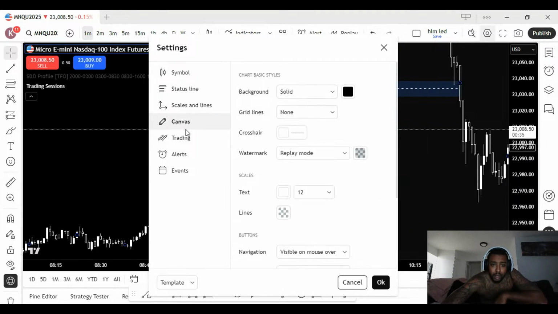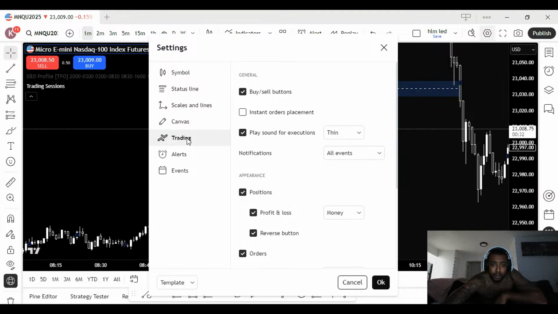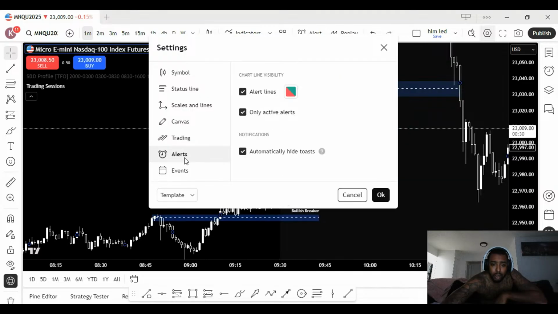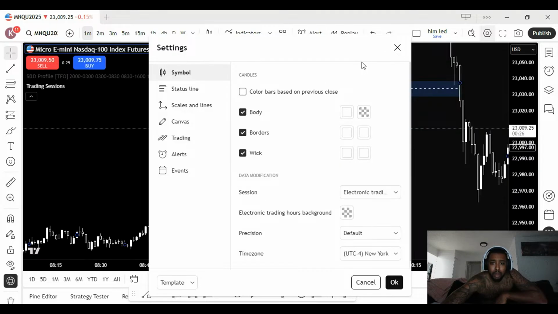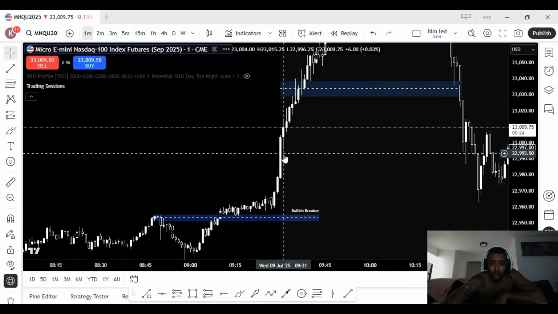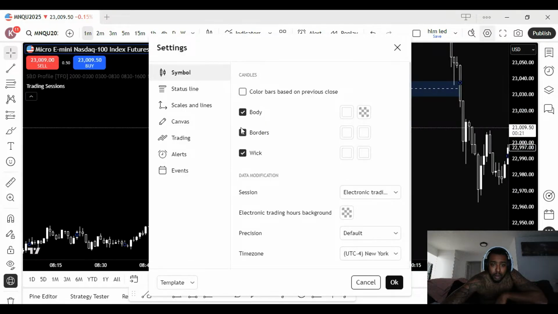So remember, there are four key components to a candlestick, right? There's an open. Yo, where is my template, bro? Why is this doing this right now?